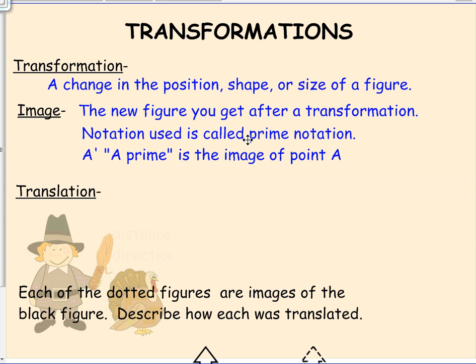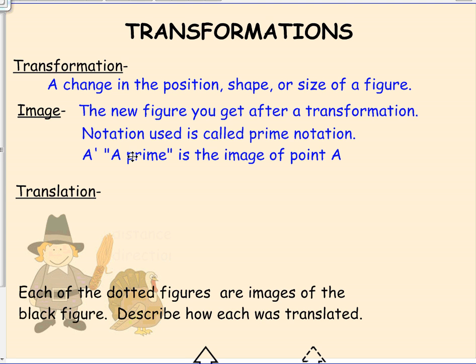So basically what that means is that after you take the shape or the point and you move it, the new shape is called the image, or as we call it, A prime or B prime or figure ABC prime, okay? You just write it with this little tick on there, okay?